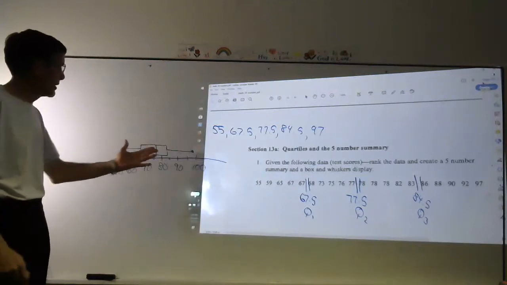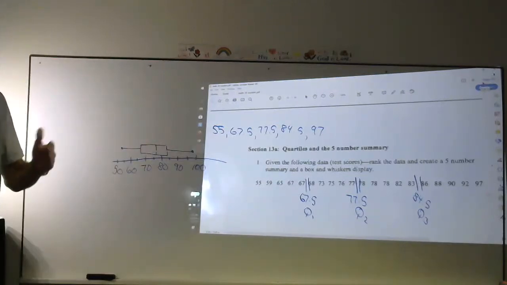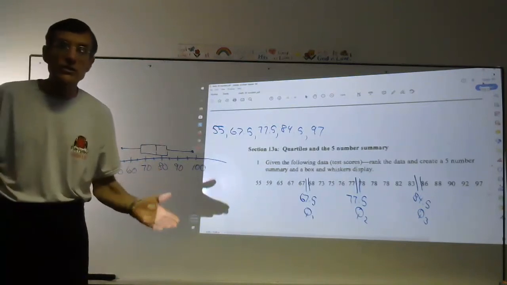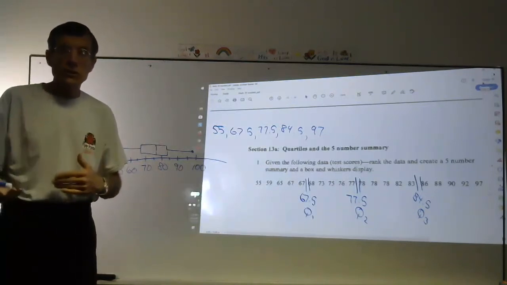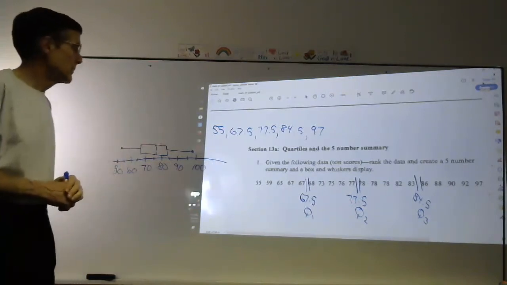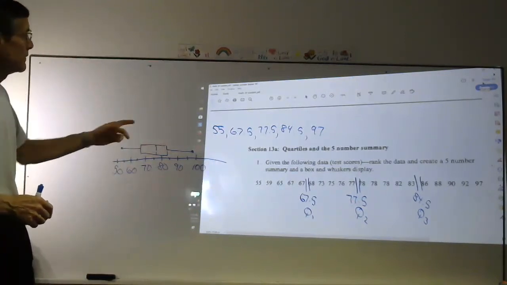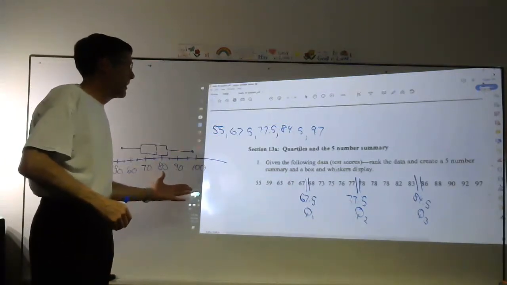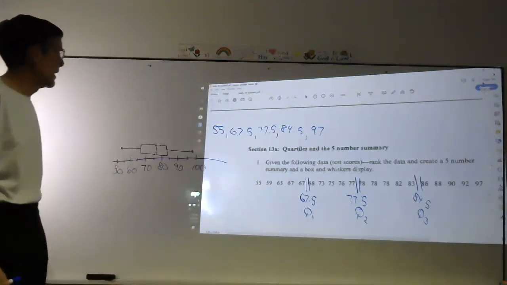So the picture can tell you something about the spread or variation. In a class period or so, we're going to be doing standard deviation, which is a measure of the spread or variation. So there's the 5-number summary, there's the box plot, there's your quartiles.